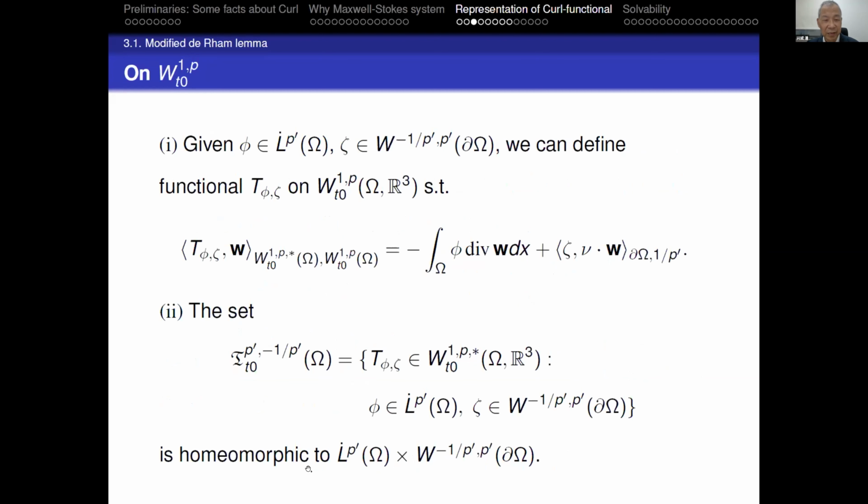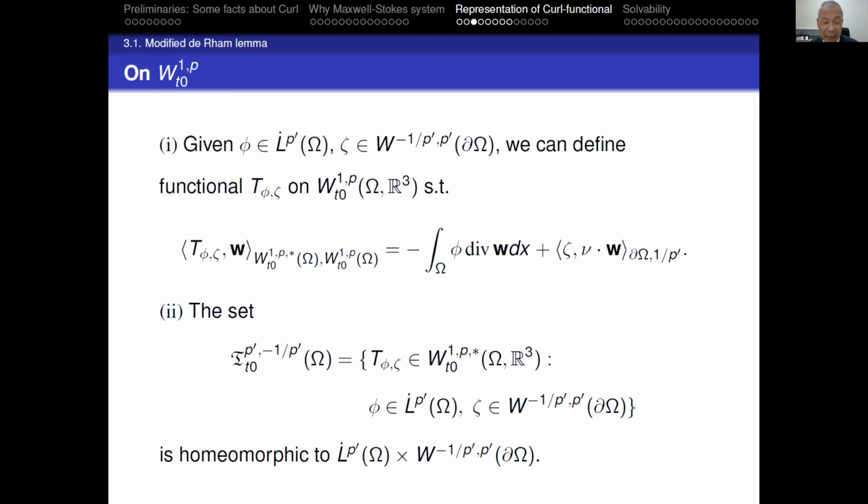Then we define the functional to be minus the integral in omega of phi times divergence W, plus the integral on the boundary of theta times the normal component of W. You can think that this is actually the gradient of something, gradient of phi, but we do not have gradient for this kind of phi.